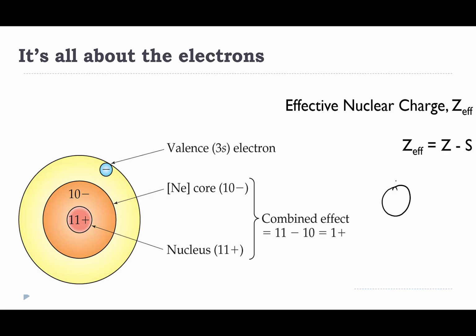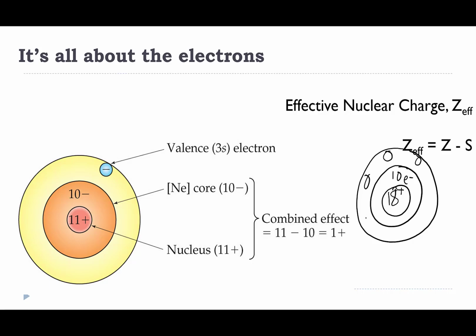Argon has 18 protons in its nucleus. Again we'll have 10 core electrons, and then in the valence shell out here, it has 8 electrons: 1, 2, 3, 4, 5, 6, 7, 8.